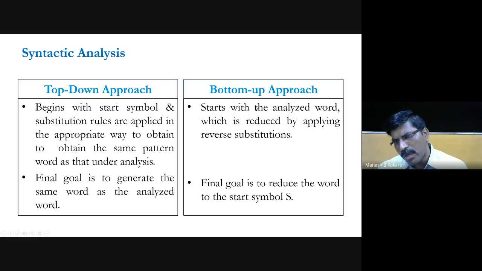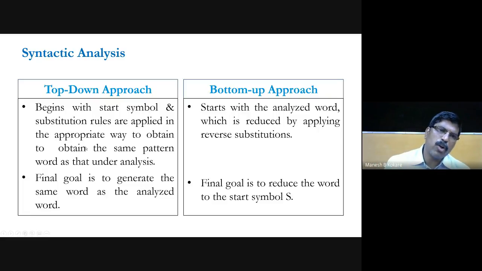Here you know the language, and you apply the substitution of rules, and finally, if that object belongs to that class, you will get the start symbol at the end.